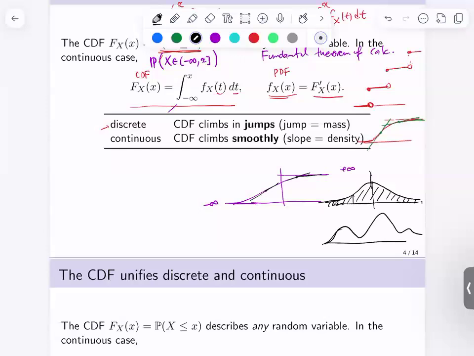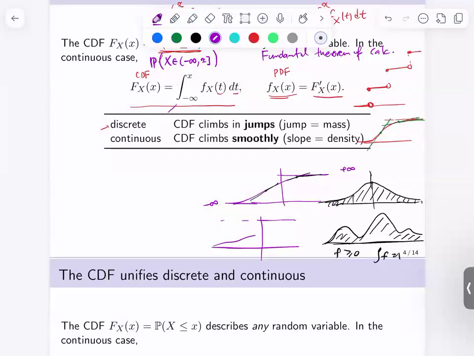The PDF can do anything really, subject to the constraints that f is non-negative and f integrates to 1. The integral of f is 1. But the CDF is going to be monotonic. Plotting it wouldn't be easy here, but the slope would change.